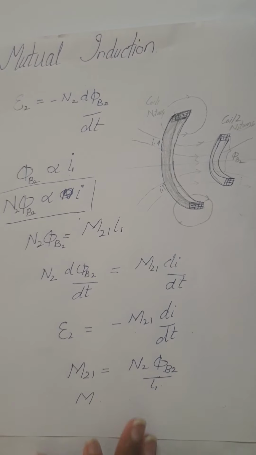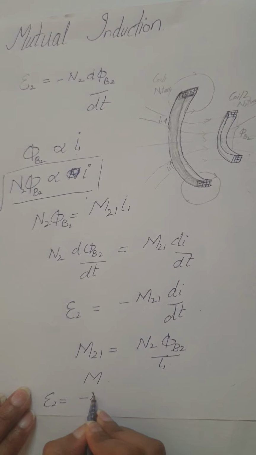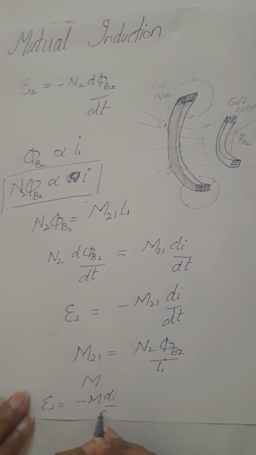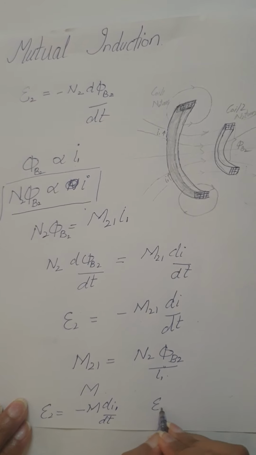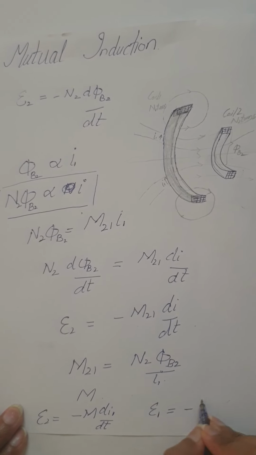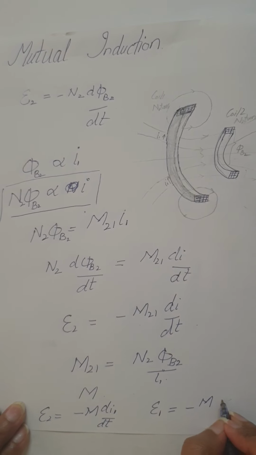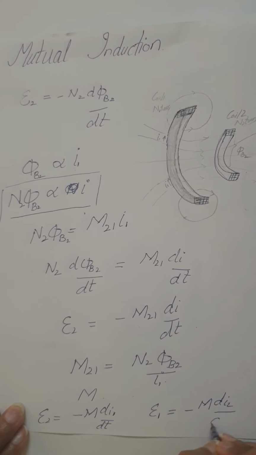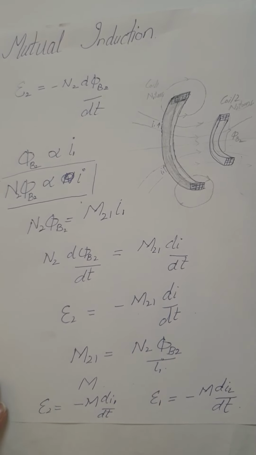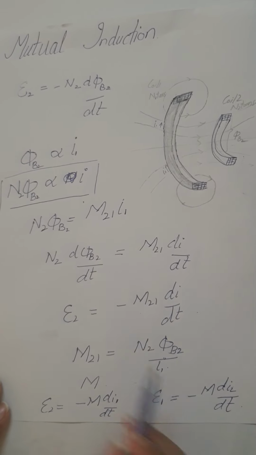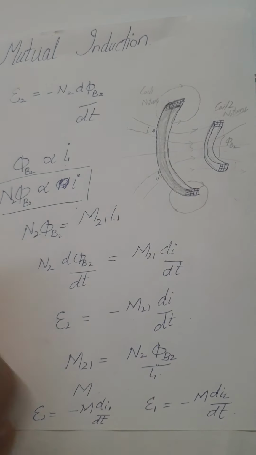So we can write, for E2, equals minus M di1 over dt, and for E1, the opposite case where the EMF is induced due to coil 2, equals minus M di2 over dt.